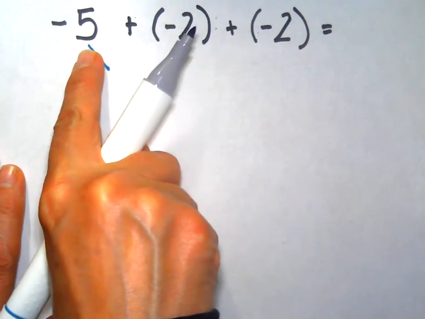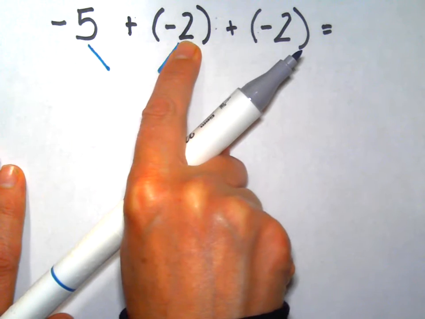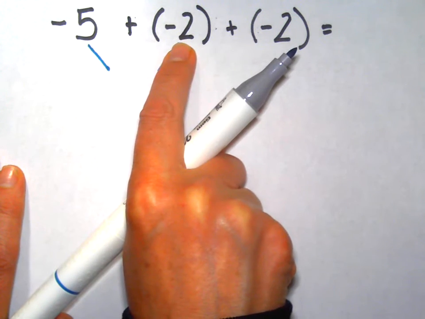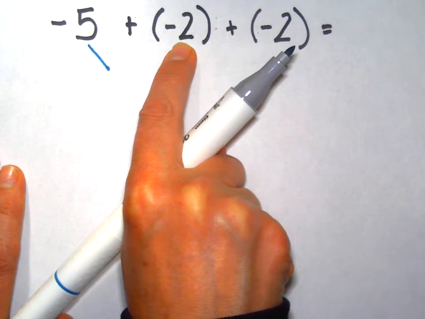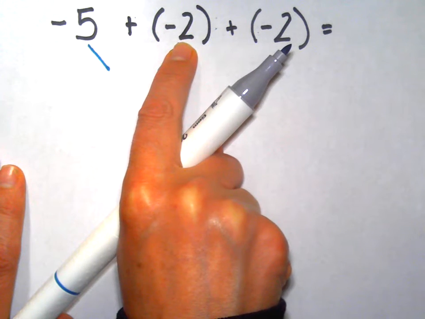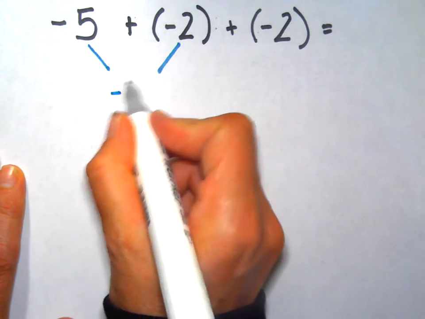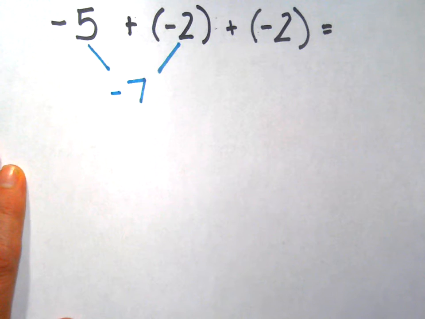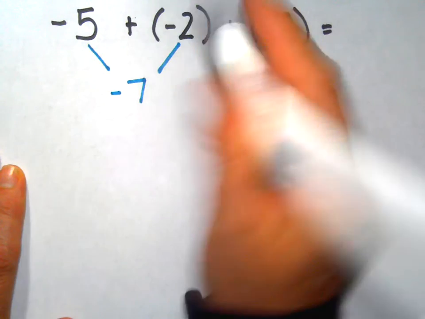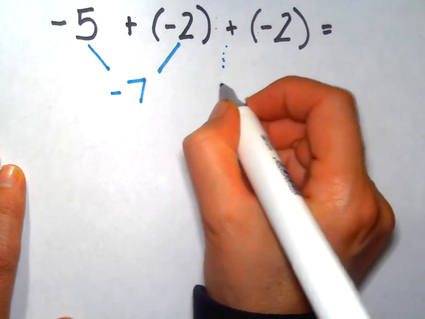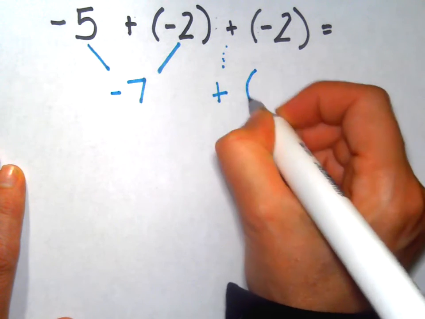I'm going to do -5 plus -2. And I remember that the algorithm is when you have two numbers that are the same sign, add them, keep the sign. So a -5 plus a -2, that's -7. I've used this up. I just drop down what's left.